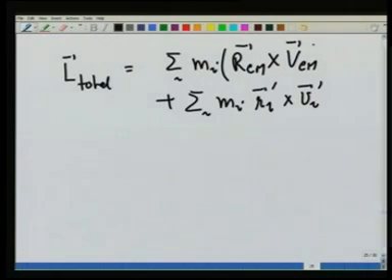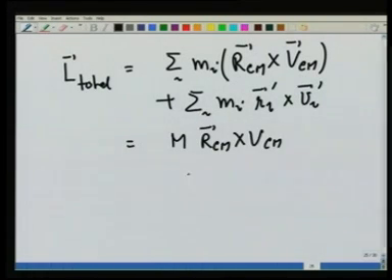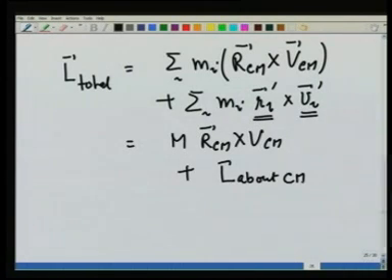Again, this is a common quantity, so this is only summation m_i, which is the total mass, R_CM cross V_CM, plus this is nothing but coordinate with respect to center of mass, velocity with respect to center of mass, therefore this becomes nothing but L about CM.